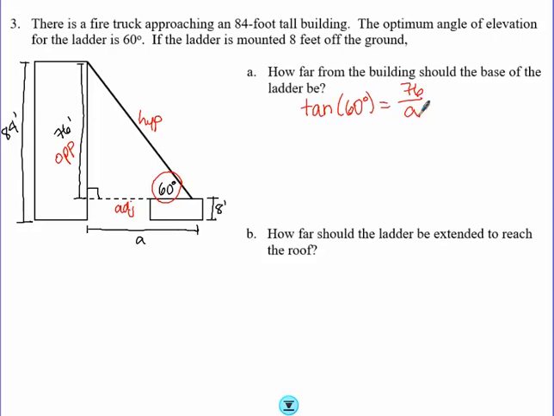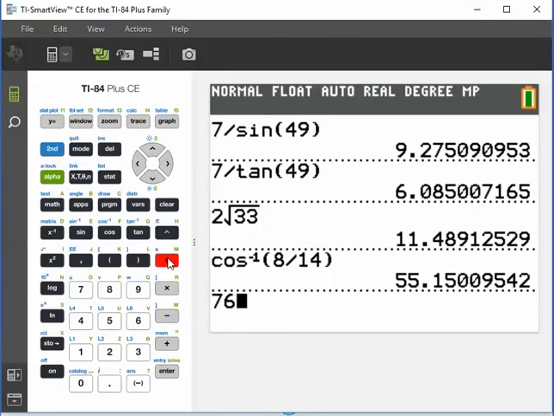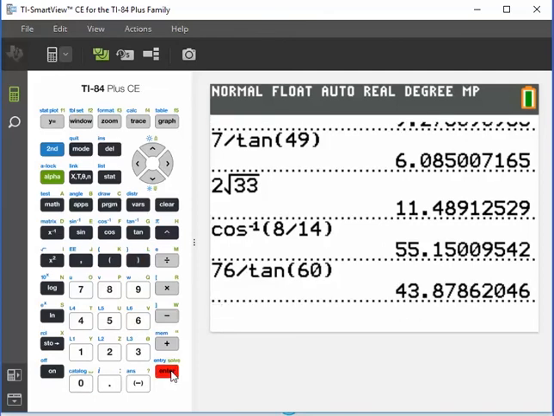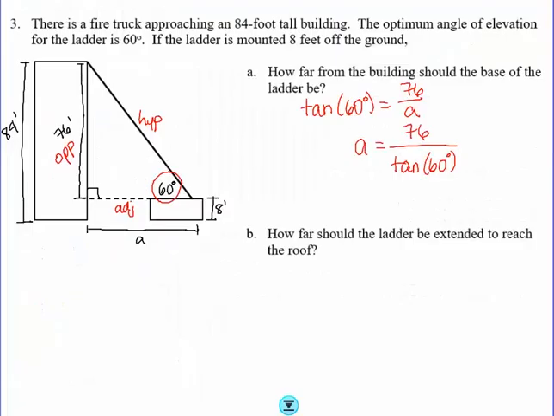Now if we solve for A, we get that A is 76 divided by tangent of 60 degrees. So let's put that in the calculator. We get 43.879 feet. So the base of the ladder should be that far away from the building.